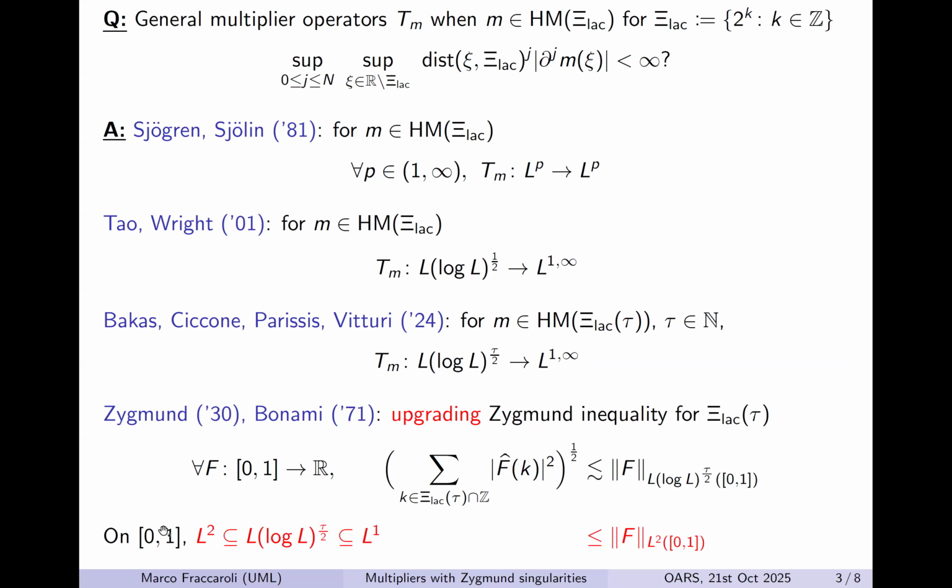And on compact sets like 0, 1, we have this inclusion: L2 is contained in any of these spaces L log L, which are all contained in L1. So you see, we obtain, by having this control with the L log L norm of f, an upgrade that is allowed only for lacunary frequencies.